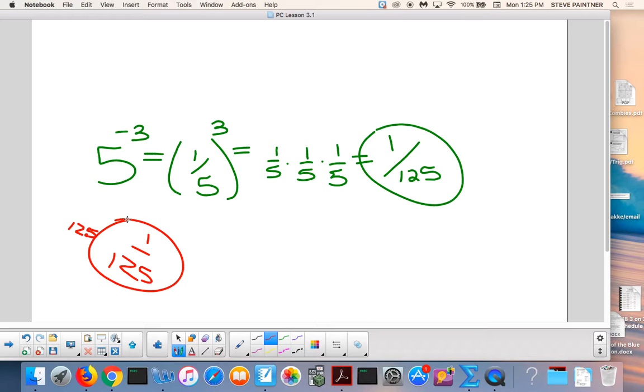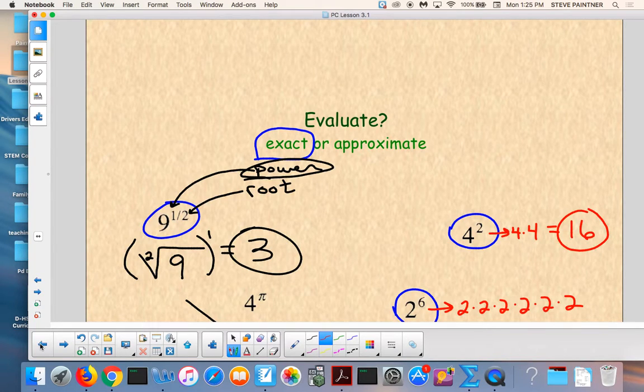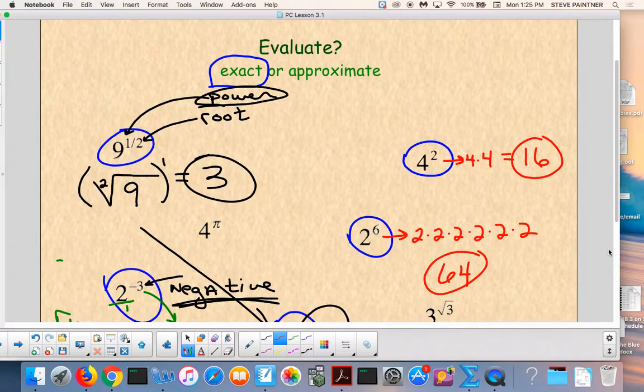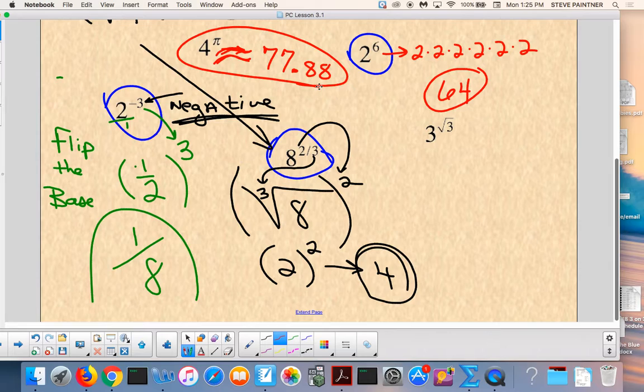Okay, go back and do this one to the nearest hundredth. 4 raised to the pi power is roughly 77.88. Okay, good.